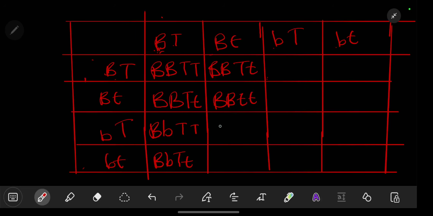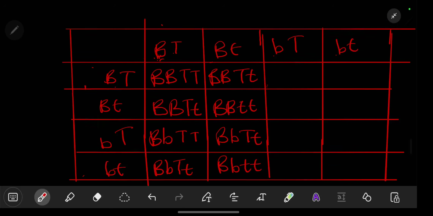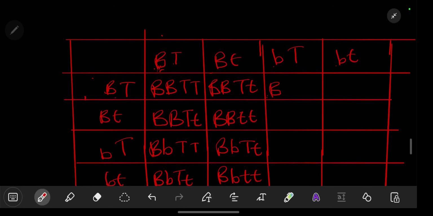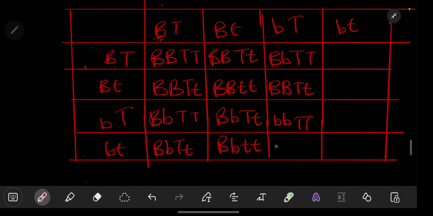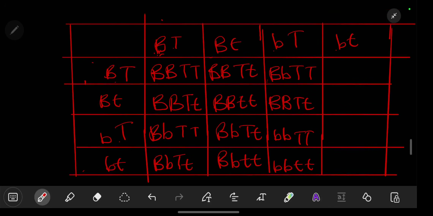We have our B, small b, T, small t, like that. Then here we have our B, small b, our T, small t, like that. We have our big B, small b, T, T. We have our B, B, T, T. Combine, we have our B, B, our T, T, like that. Then we have our B, B, T, T, like that.